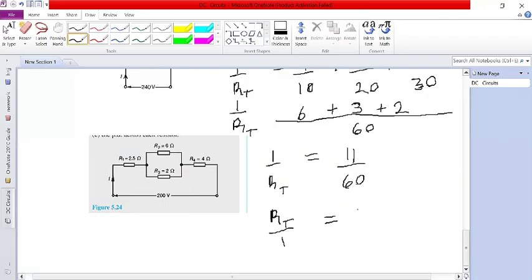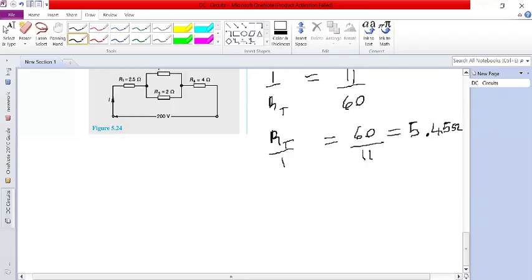Then if I invert the right-hand side, it's 60 divided by 11. So 60 divided by 11 is equal to 5.45 ohms. Okay, so we have dealt with resistors in parallel.